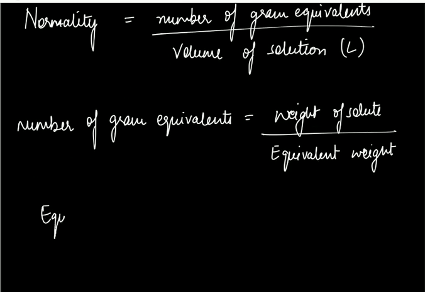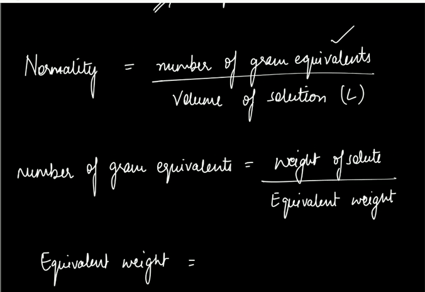What is equivalent weight? I'm defining this entire formula in just three parts so that you can understand. In different books they just write everything together, and you end up getting confused. You don't have to confuse yourself. It's a very simple concept. You just have to understand it from a different angle.